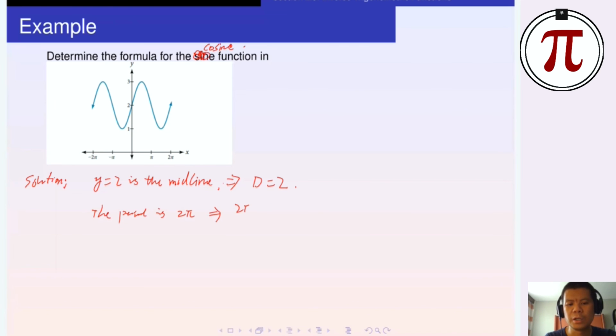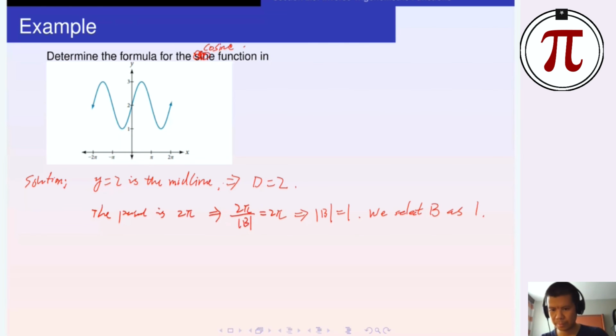That implies 2 pi over the absolute value of B equals 2 pi. This implies that the absolute value of B equals 1. Now we select the positive one, right? Select B as 1. Okay, and then we want to make sure about the amplitude.